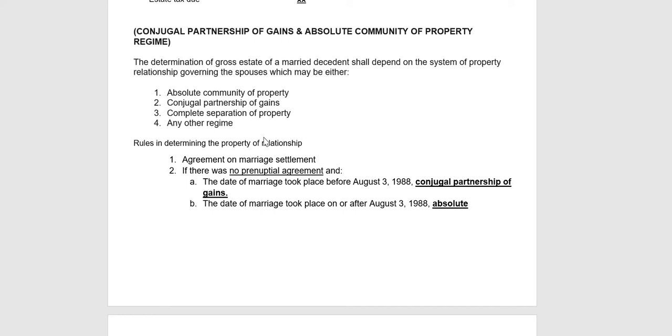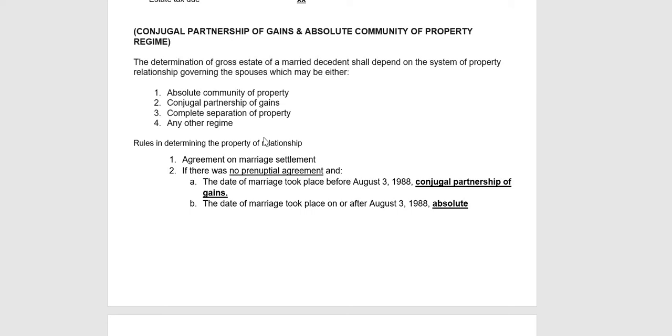So, the determination of the gross estate of a married resident shall depend on the system of property relationship governing the spouses, which may be either absolute community of property, conjugal partnership of gains, complete separation of property, or any other regime. We need to classify what are the exclusive property and the conjugal or communal property of the resident.